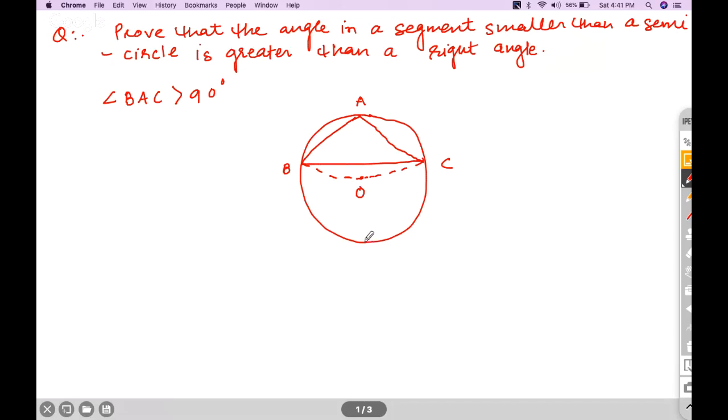So you look at here, if I take a point D over here, arc BDC subtends angle BOC at the center.